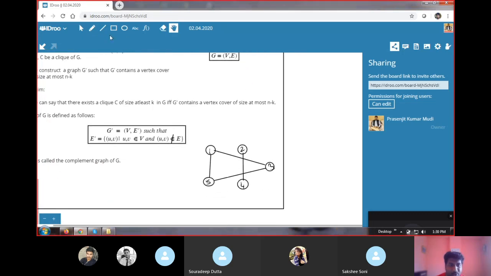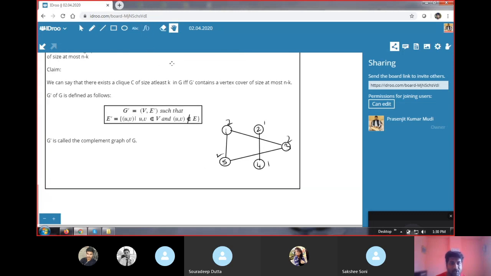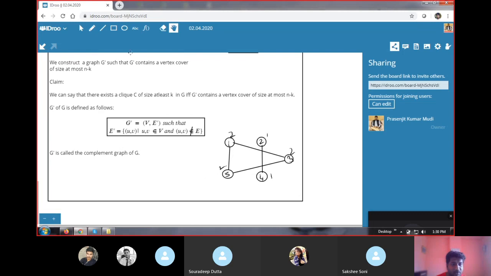I will give you one question in the quiz that will give you a relationship between the degree of any vertex in the complement graph and the degree of any vertex in the original graph G. So this is 1, this is 2, this is 2, and this is 1, right? So these are the degrees. Okay, so this is complete. So this is the meaning of the complement of graph G. This is how we will construct it.